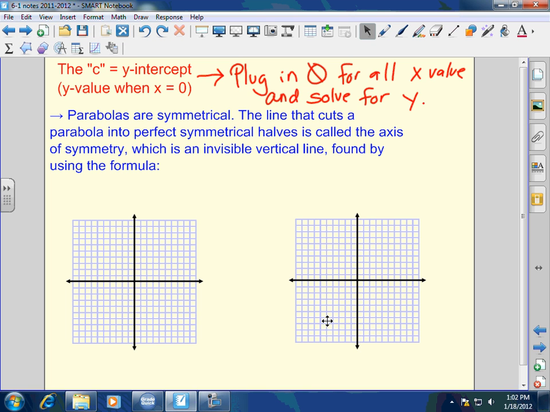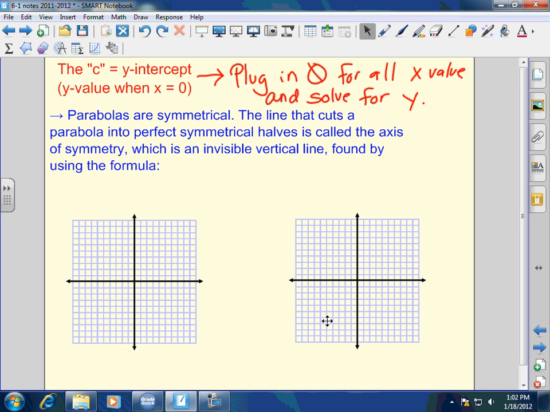That's what the y-intercept is, and that's what the c is in the quadratic function y equals ax squared plus bx plus c. If you don't remember that the c is the y-intercept, that's fine. Plug in x is 0 for all the x's, and you're going to solve for y.